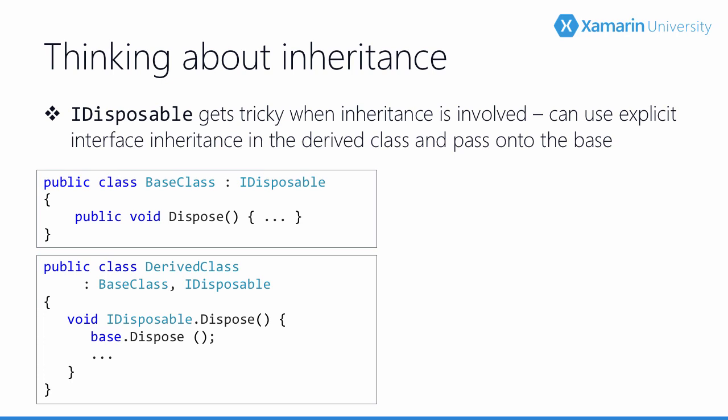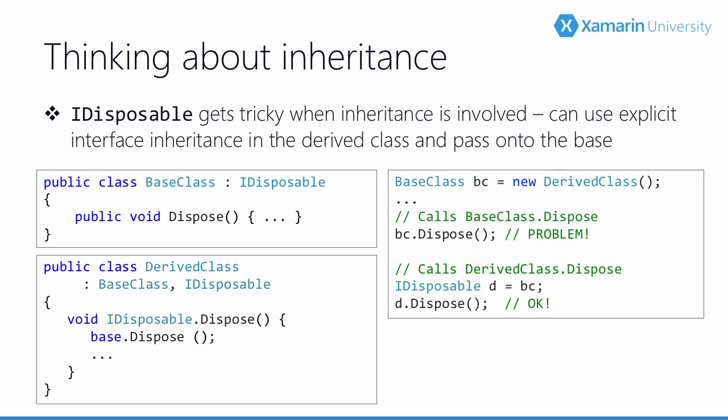And this all generally will work properly, except in one particular case, which is if I actually cast my derived class to the base class, and now I'm using my base class reference, and I call Dispose, I'm not going to end up in my derived class Dispose implementation. Instead, it will simply call the base class Dispose implementation.